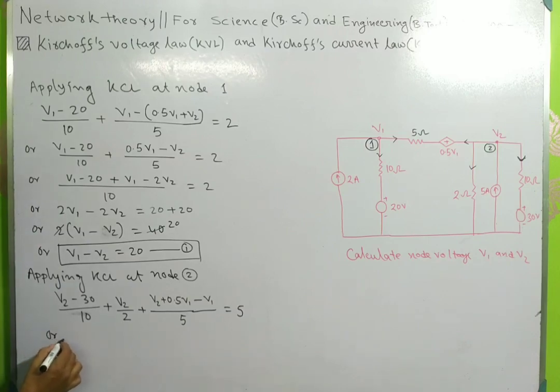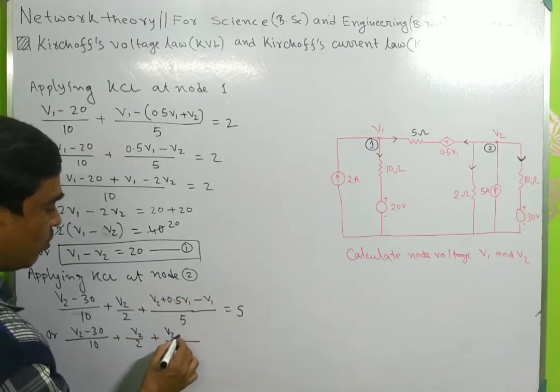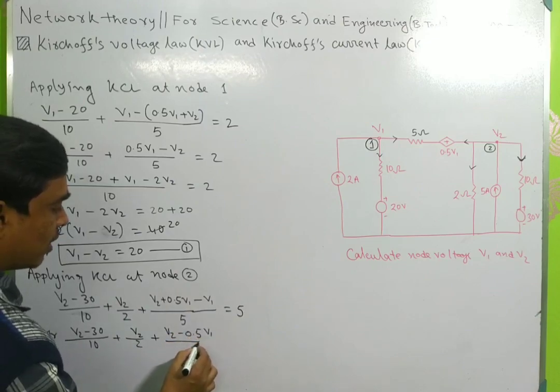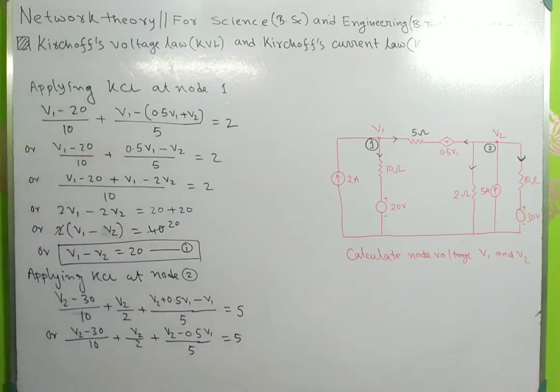So it can be written as V2 minus 30 divided by 10 plus V2 by 2 plus V2 minus 0.5 V1 divided by 5 equals 5.